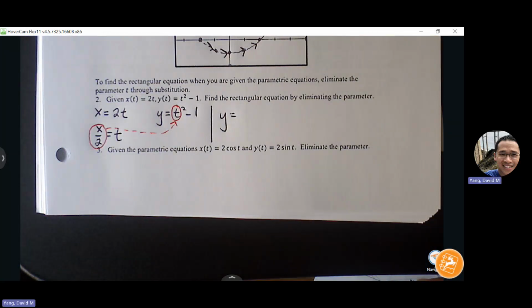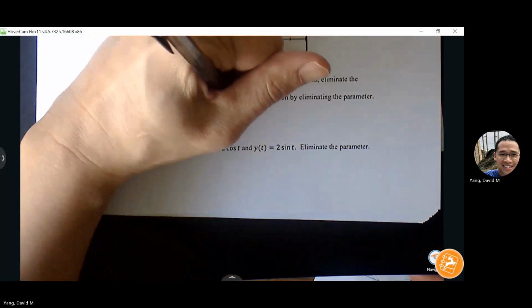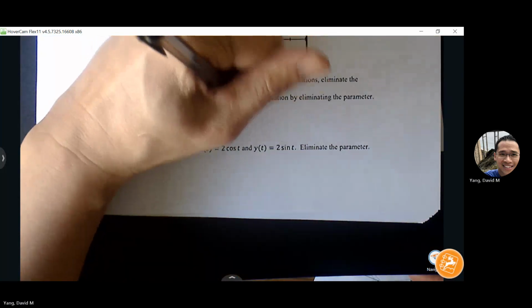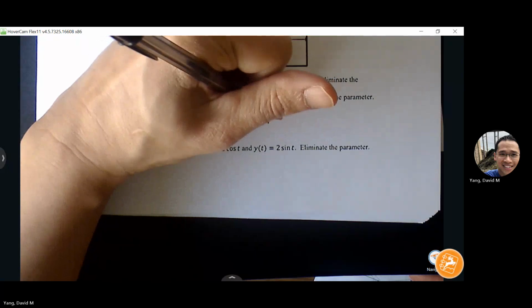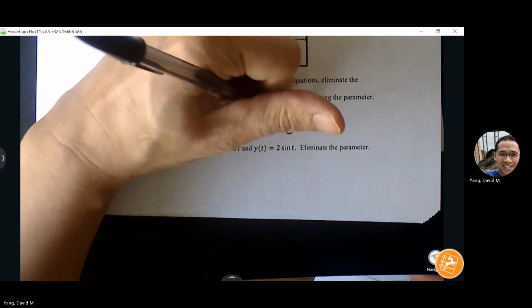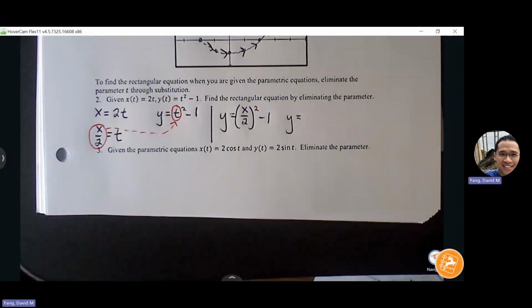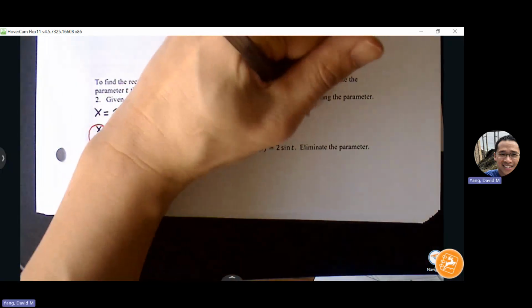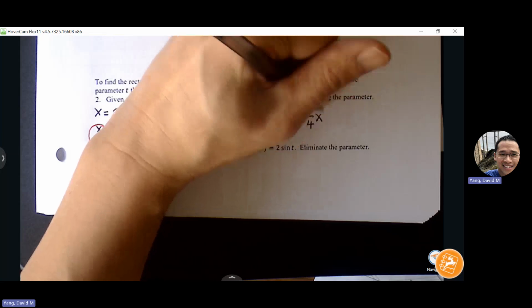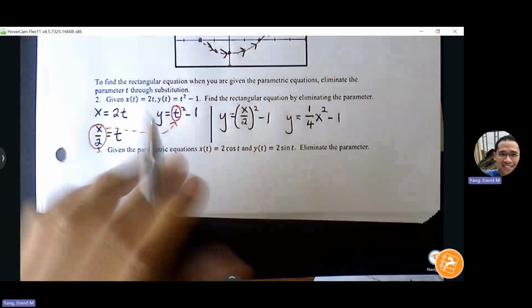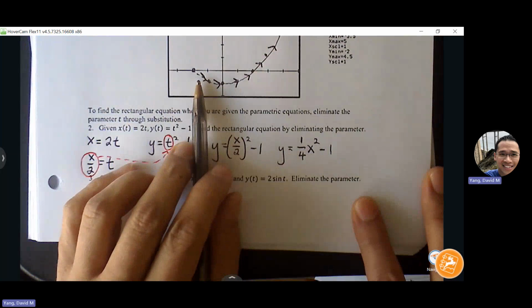Okay, replace t with x over 2. And we get y equals what? Or in other words, 1/4 x squared minus 1, which is the shape of this graph, right?